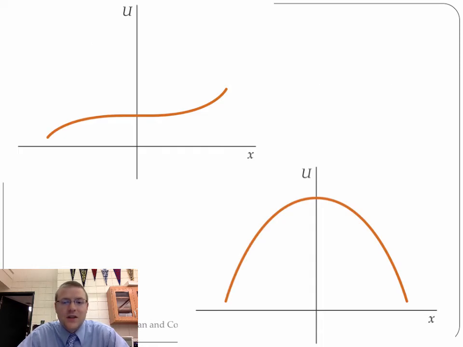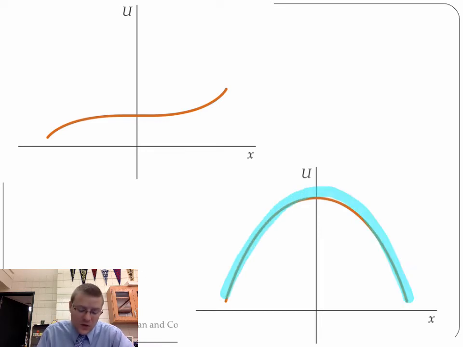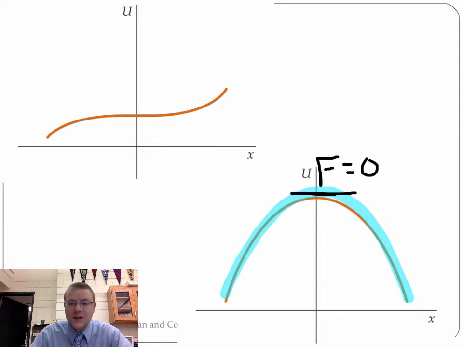So looking at these curves here, the unstable equilibrium would be this curve, due to the fact that at a location where there is no slope, that means zero force. That's our equilibrium position. We have zero net force on the object. But if I move either way, positive or negative, on that curve, I see that the force is going to push me away from equilibrium.